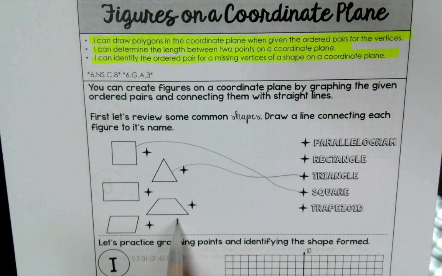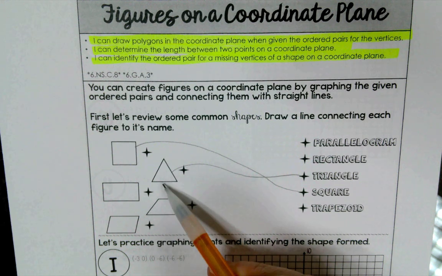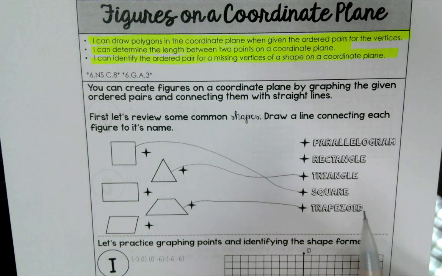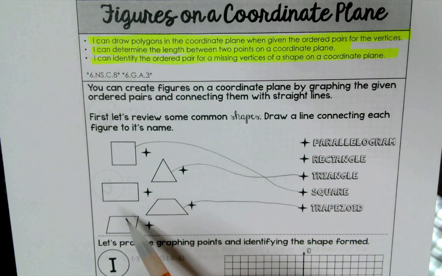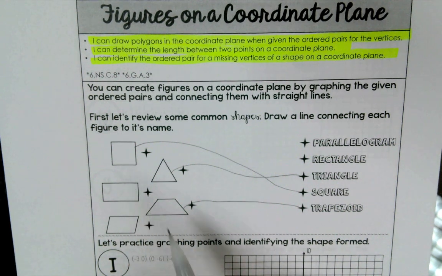It has two bases, but it's not a parallelogram because if you were to draw the trapezoid on a plane and you were to extend these lines, they would eventually cross, okay? Now, a rectangle also has opposite parallel sides like a parallelogram, except all four corners are 90-degree angles. Okay, so that's a rectangle.